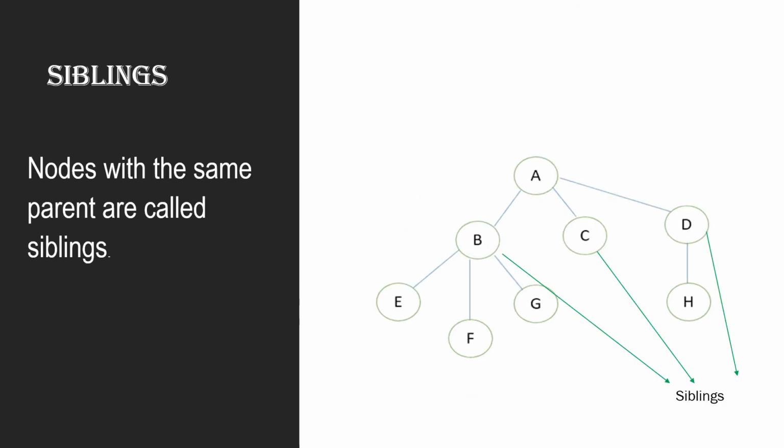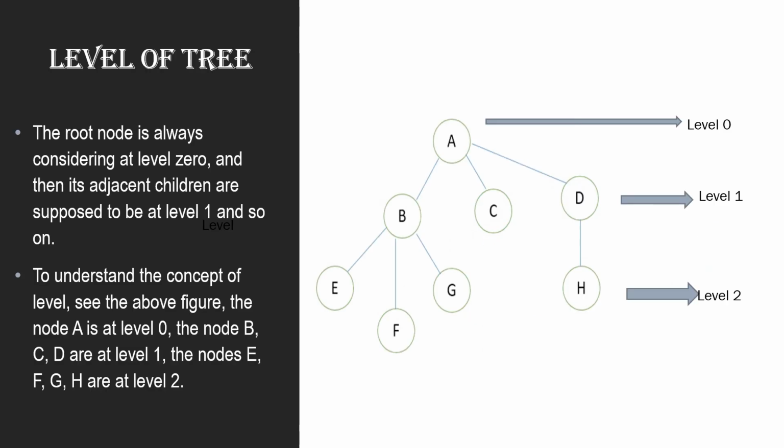Next is siblings. Nodes with the same parent are called siblings. Here B, C, D are siblings, with A as their parent. Next, level of trees. The root is always considered at level 0, and then its adjacent children are at level 1, and so on.